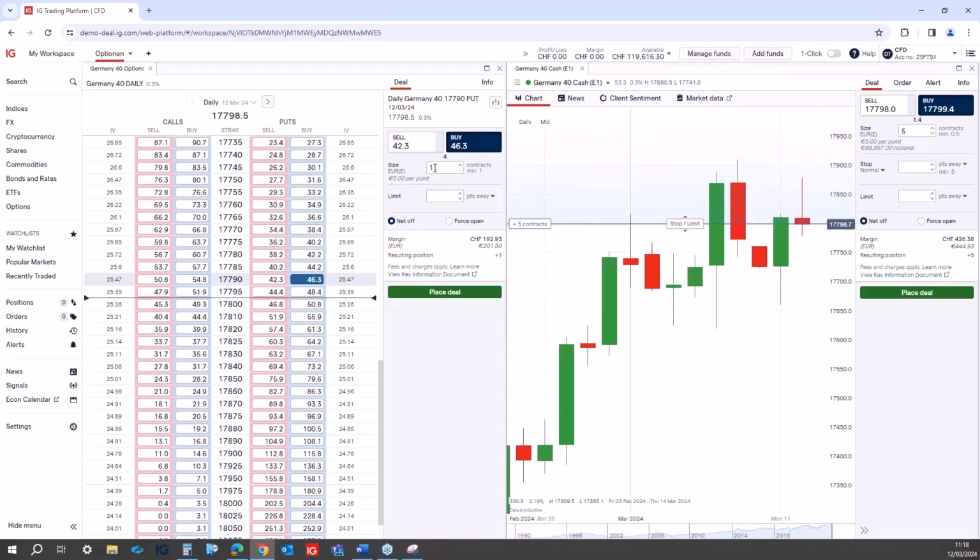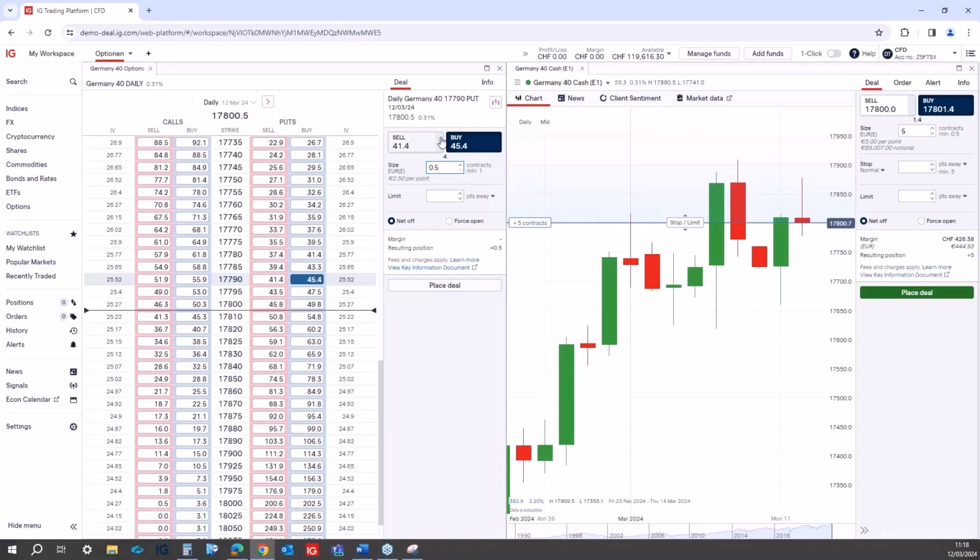As you can see here, one contract already equals 5 per point, meaning to equal 5 here and 5 here, you would only go long one put of one contract in order to have the full exposure. If you want only a partial hedge of half of your notional, roughly 45K euros, you would of course trade 0.5 to get the half per point exposure. Careful, minimum size is 1, so for this one it would be too small.